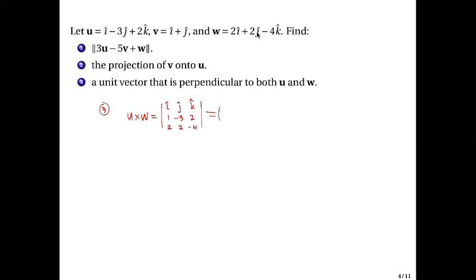So we have negative 3 times negative 4, that's 12, minus 2 times 2, that's minus 4, now i hat, minus quantity 1 times negative 4, that's negative 4, minus 2 times 2, so minus 4, j hat, plus, for the k, 1 times 2, that's 2, minus 2 times negative 3, that's positive 6. So this is k hat.